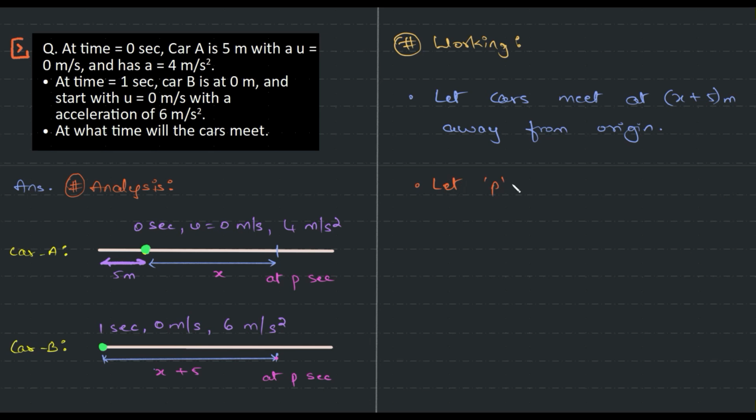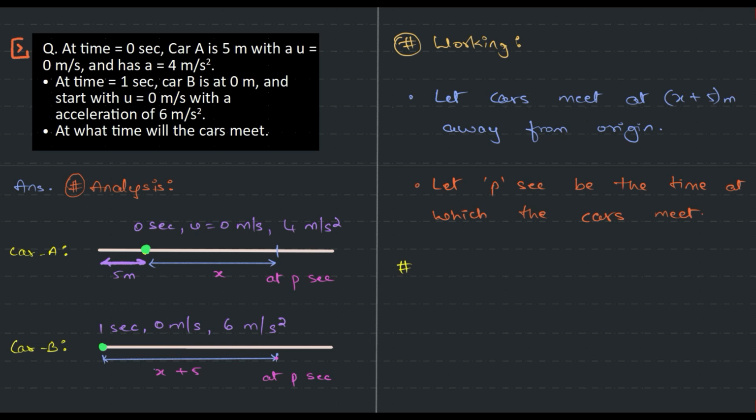Let p seconds be the time at which the cars meet. So those are your initial work.